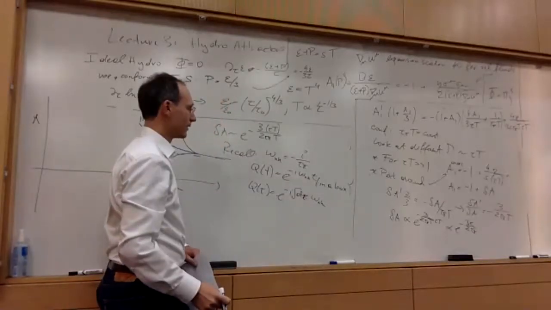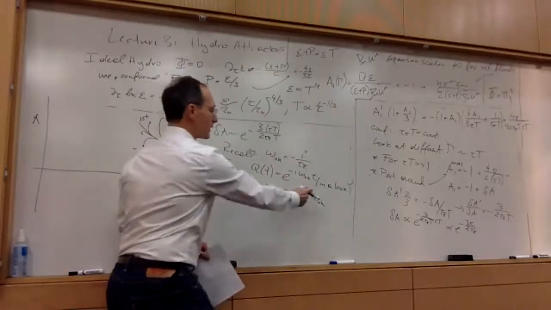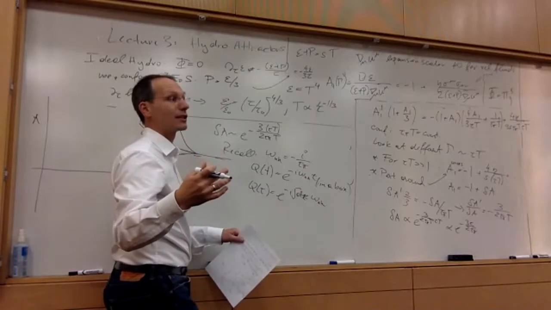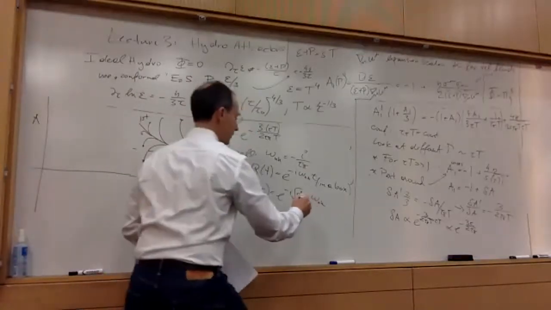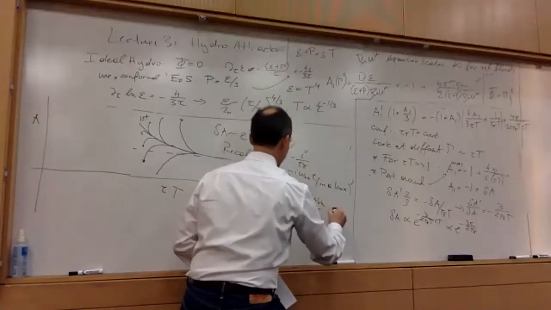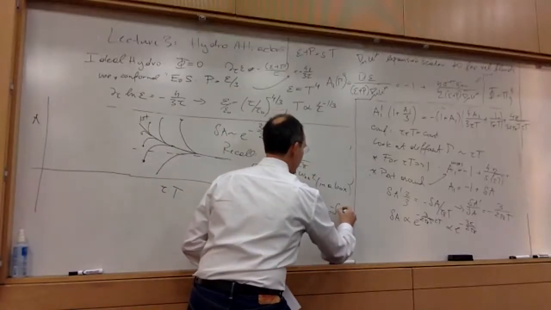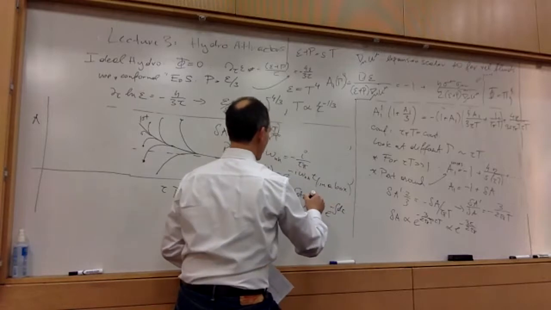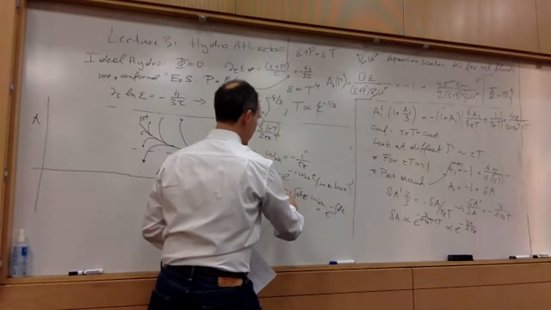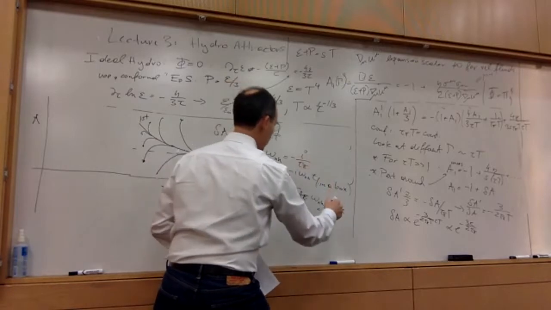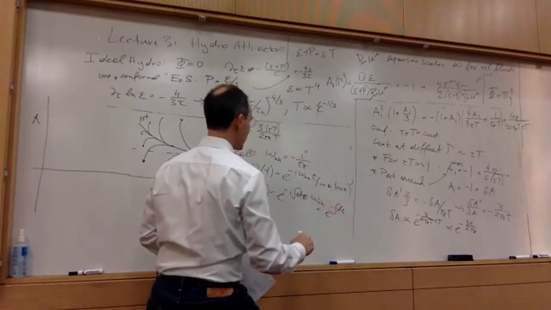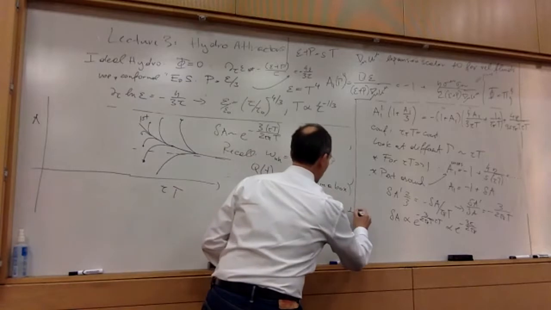But let's look at what happens if you have a spacetime that's actually expanding. We know this is the formula, so it's e to the minus integral d tau. So we have minus i times minus i, that's just minus 1. So that is the minus that we have here. And this is just 1 over tau_pi.